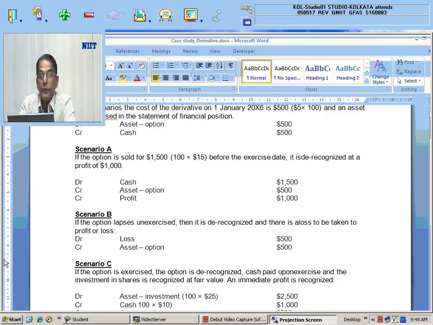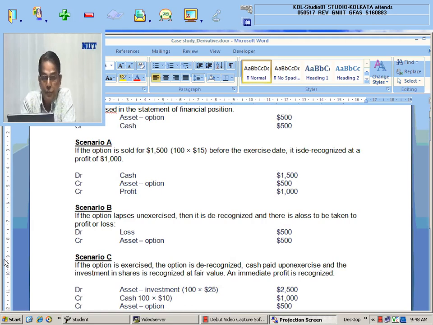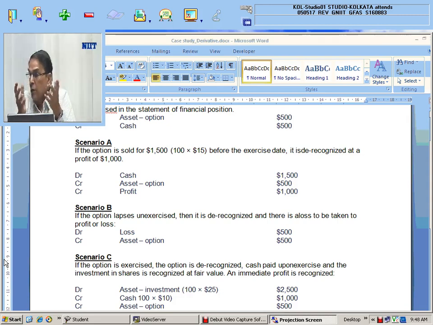Third scenario, if the option is exercised, then also the asset should be derecognized. Once the option is exercised, the right to buy the CDPLC shares, that right is exercised, then you have already exercised the contract, so the asset should be derecognized at that point of time. Cash paid upon exercise, so you have to buy now CDPLC's 100 shares at $25.